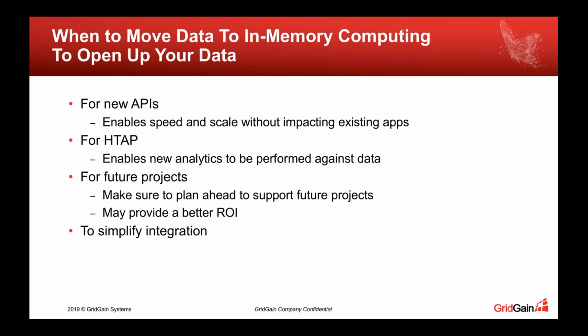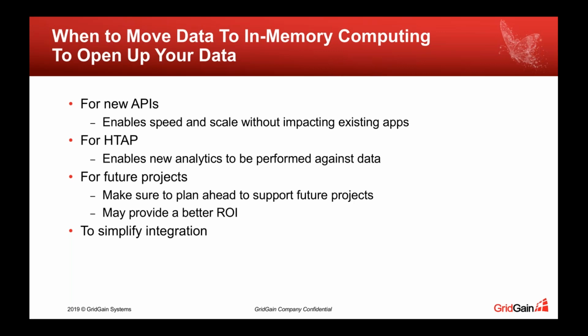So look ahead for new APIs, what data they need, for new analytics and processing, or HTAP, for future projects, or even just to simplify integration. Look ahead and see whether you need to move data now as you're touching it into the memory data grid or not.